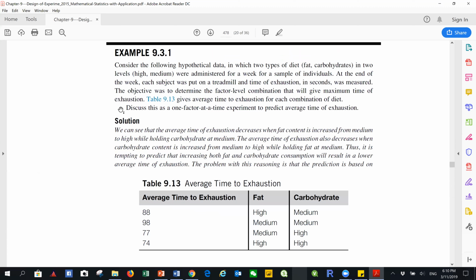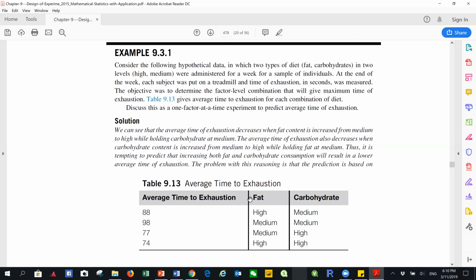At the end of the week, each subject was put on the treadmill and the time of exhaustion in seconds was measured. The objective was to determine the factor level combination that will give maximum time of exhaustion.